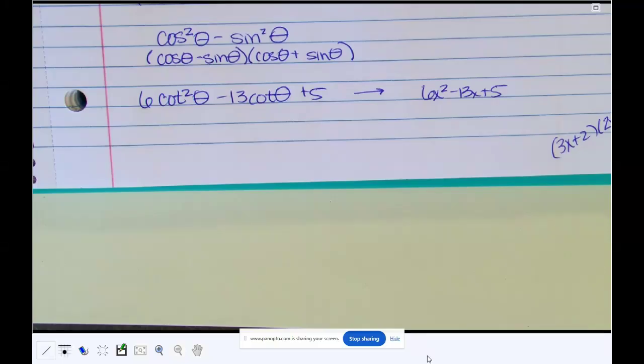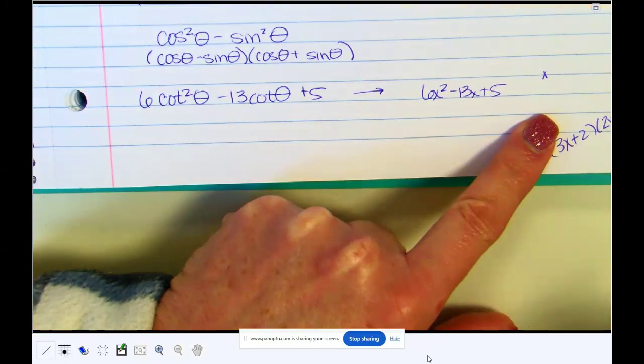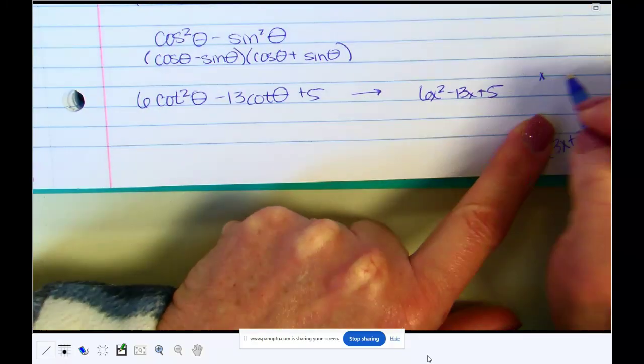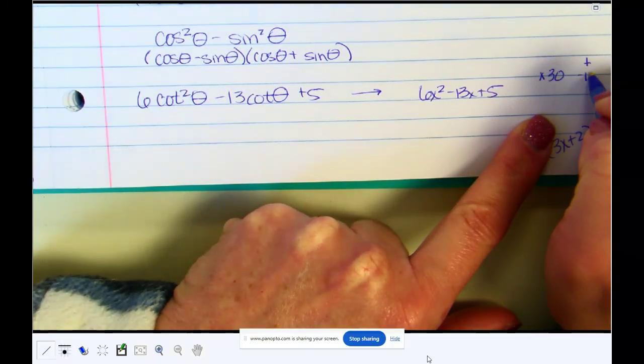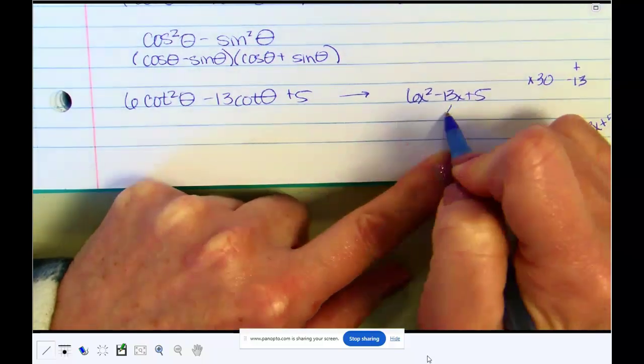Okay, this is the thing with the A and the C. So it has to multiply to what? 30 and add up to -13. What are the numbers then? -15 and 3.